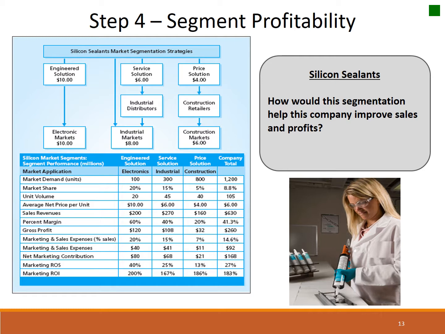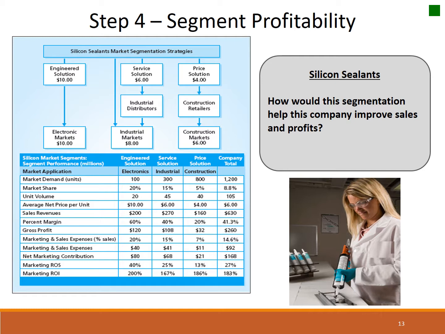With the electronic market, they work directly with their end B2B consumer, and so they're more profitable in that particular market. They can charge more money, and there's less cost associated with it.